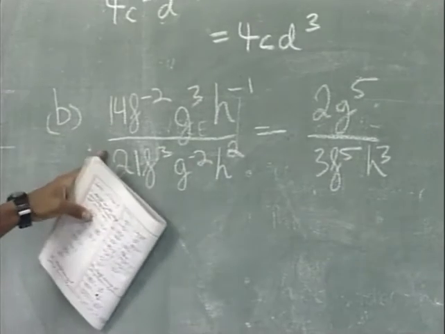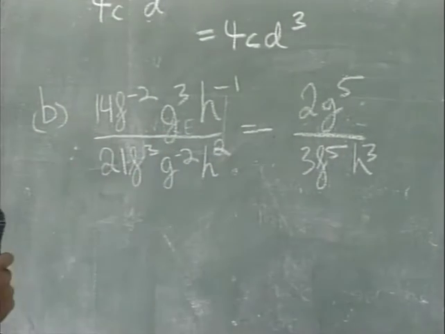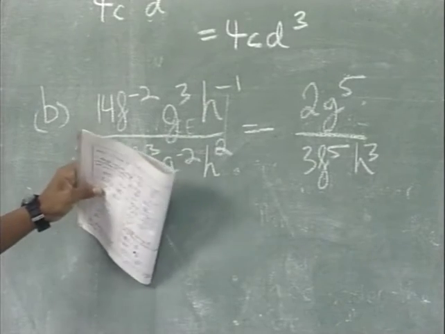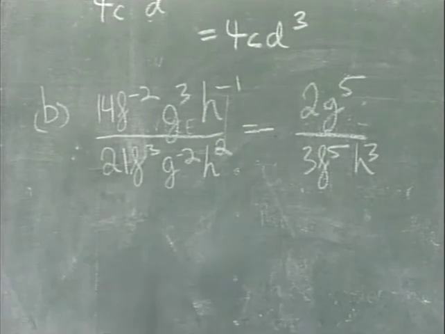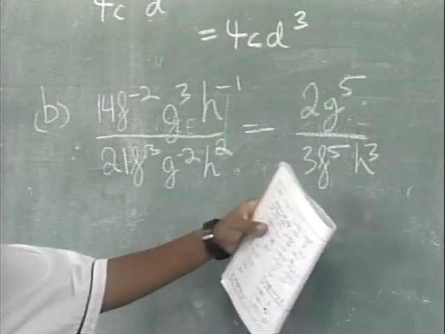Since 14 over 21 is a fraction, simplified it would be 2 over 3. And since f to the power of negative 2 divided by f to the power of 3, you subtract the indices, which is f to the power of 5.